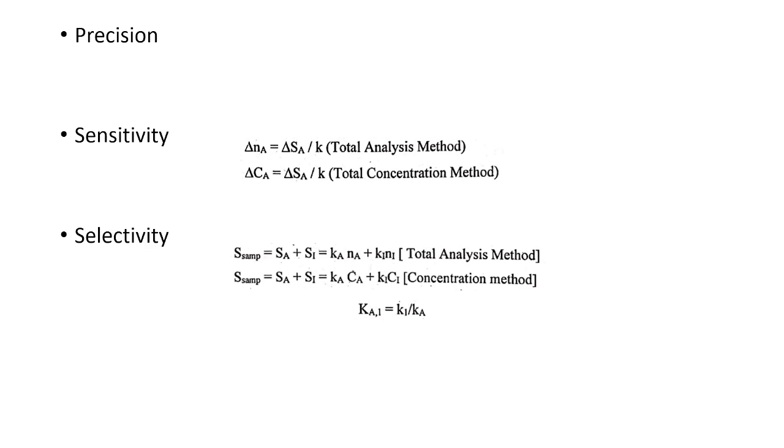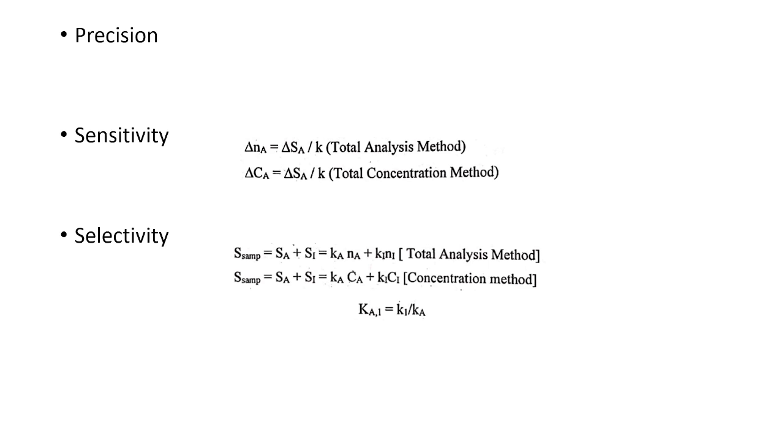So Ki upon Ka, that is this K_ai. If this K_ai value is more than 1, it indicates that Ki is more than Ka, then this method is not selective, because a signal of interfering constituent is measurable, so your analysis will go wrong.